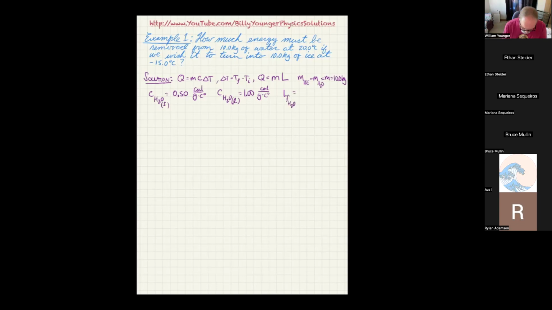And again, I'm looking at table 19.2, and it says the heat of fusion for water is 79.7, and that's calories per gram, which also is kilocalories per kilogram. That's acceptable as well. And I'm just going to write right here tables 19.1 and 19.2. The 19.1 is the table for specific heats.